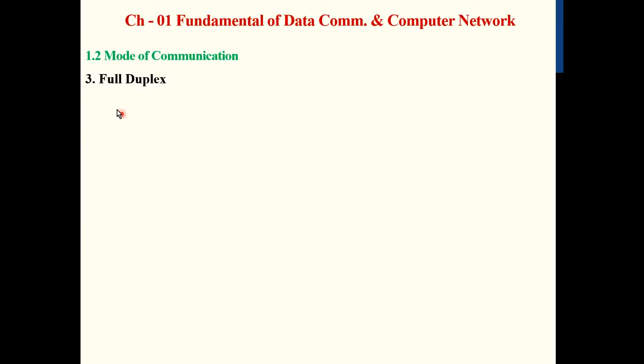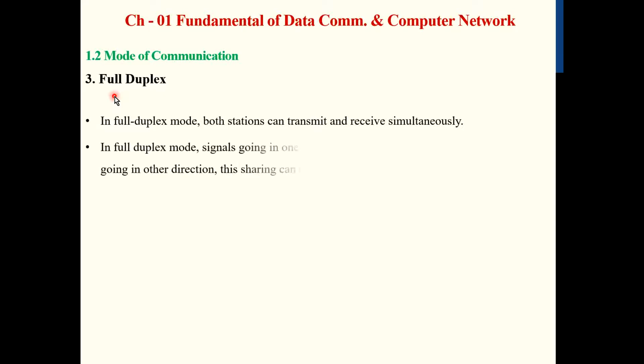Next we see full duplex mode. In full duplex mode, both stations can transmit and receive simultaneously. This is bidirectional communication, and in this we can send and receive data at the same time. In full duplex mode, signals going in one direction share the capacity of the link with signals going in the other direction.